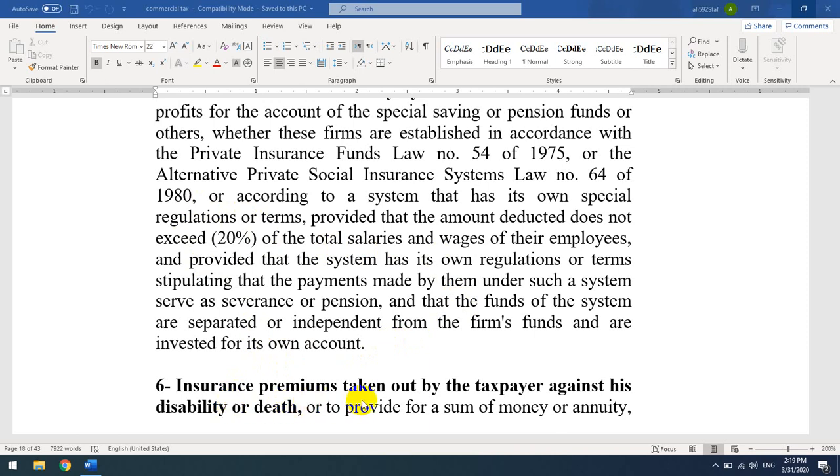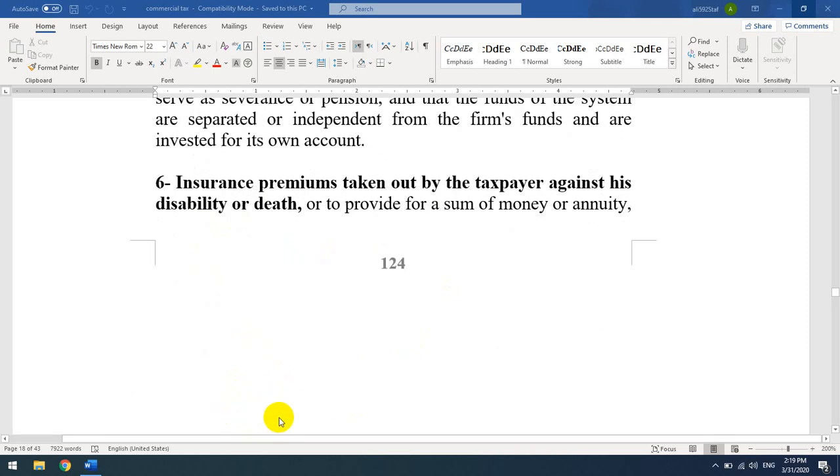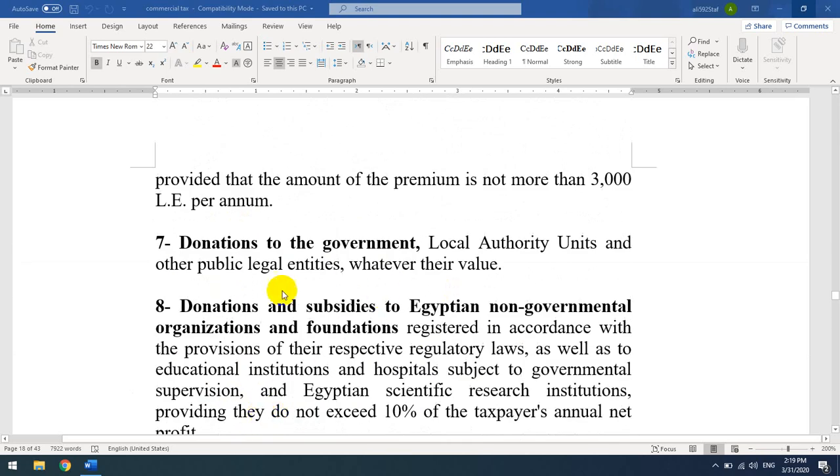Insurance premiums taken out by the taxpayer against his disability or death, limited to 3,000 Egyptian pounds per annum.